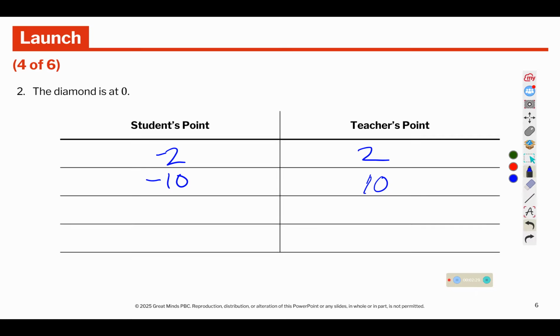If a student placed their value at -7, the teacher would place theirs at +7. If a student placed theirs at 5, if this is 0 and they moved 5 to the right, the teacher would have to move 5 to the left at -5.